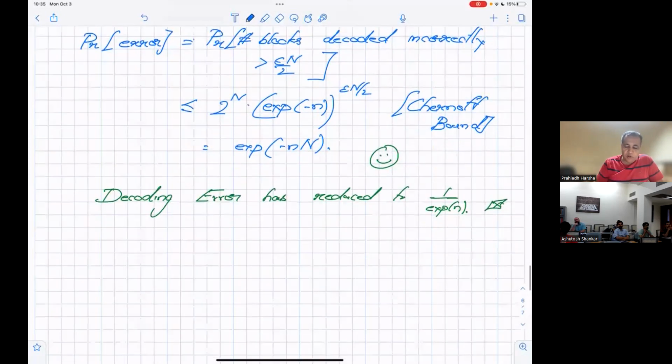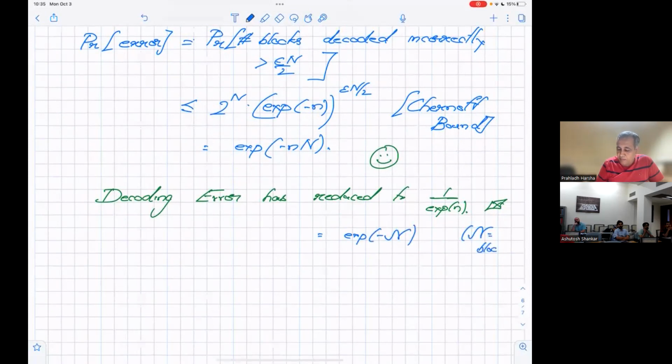What you will finally get will be the decoding error. The final decoding error will be exponential in minus n, where n is the final block length, and it will be exponential in 1 over epsilon.